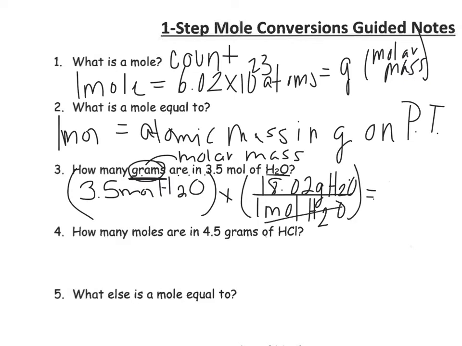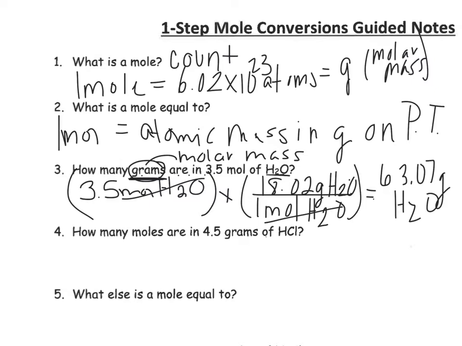You can cancel out a unit on the bottom for the unit on top. And so then I just multiply across. 3.5 times 18.02 is 63.07 grams of water. So in 3.5 moles of water, I have 63.07 grams of water.